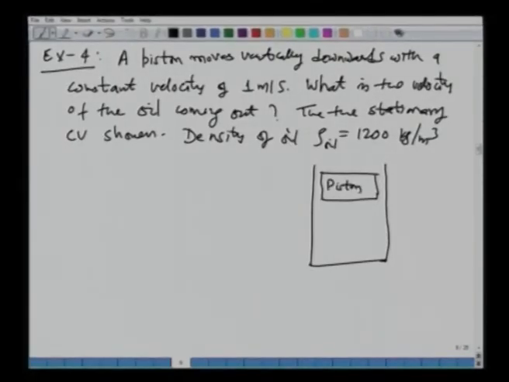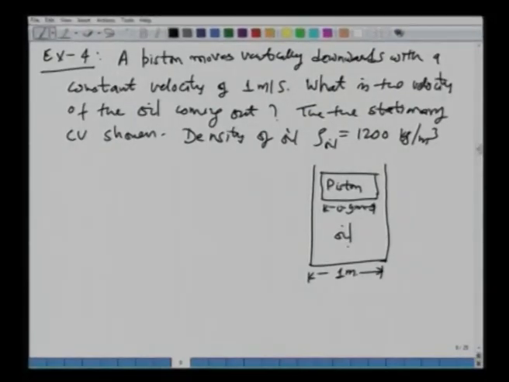The dimensions that are given to you are that the diameter of the cylinder is 1 meter, and the piston inside it is 0.9 meters. The diameter of the piston is 0.9, the diameter of the cylinder is 1 meter.